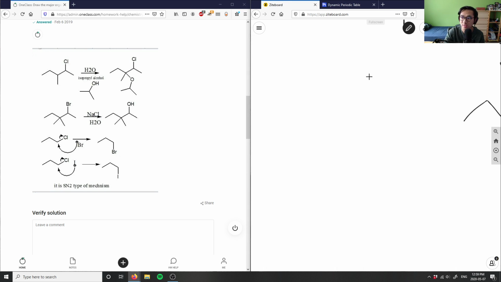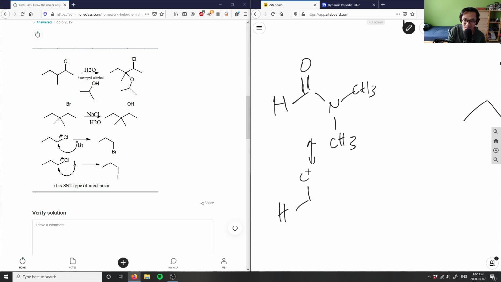this, and I'll draw this out quickly for you. DMF looks something like this. I have double bond O, bond N, CH3, CH3. And then again I can create a resonance structure here and say that this is O minus, double bond N, bond CH3, bond CH3, and this here is a positive charge, right?